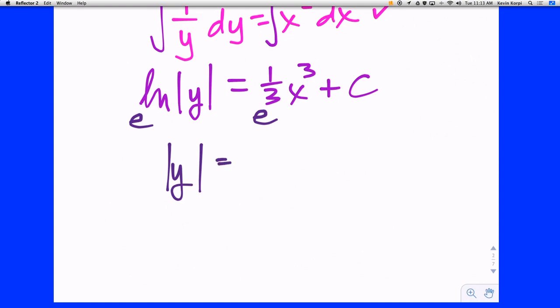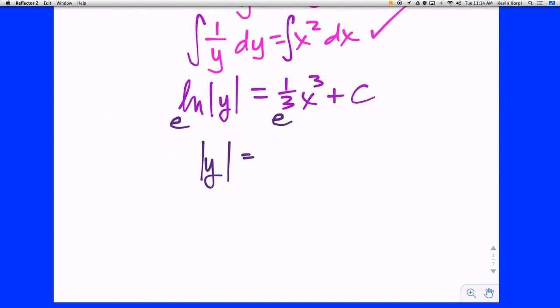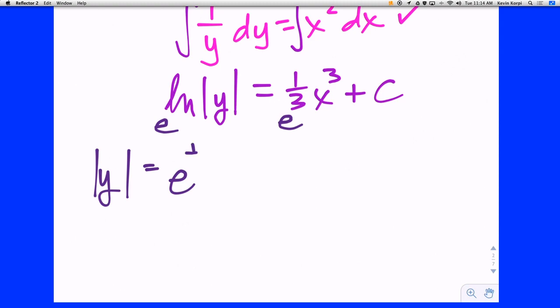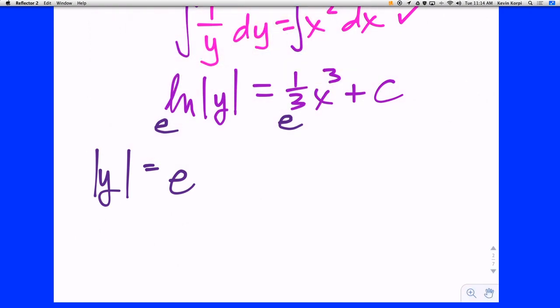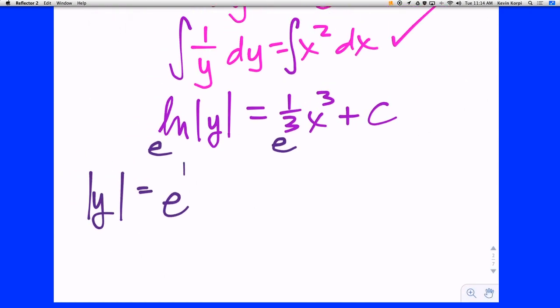They don't just go away when you eat it. They're still there. Now, on the right side, I have e to the blob. There are two routes you could take from here. Both are correct. I will show you both versions. You can either preserve it as 1/3 x cubed, which I'm going to call x cubed over 3 plus c.